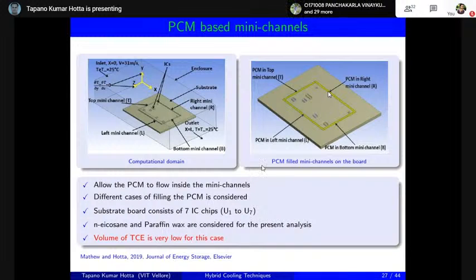For our case, the TC is basically this aluminum board, and we found that the amount of filling of the PCM was extremely low. But anyhow, that was not an issue for us, because we want at least a couple of degrees of reduction in temperature, because initially with air cooling we got around 78.44, and we want some amount of temperature to be reduced so that we can say that the PCM based mini channels are a better candidate.